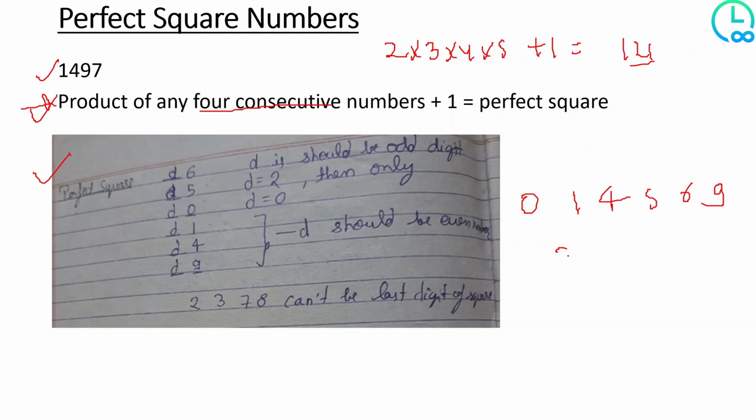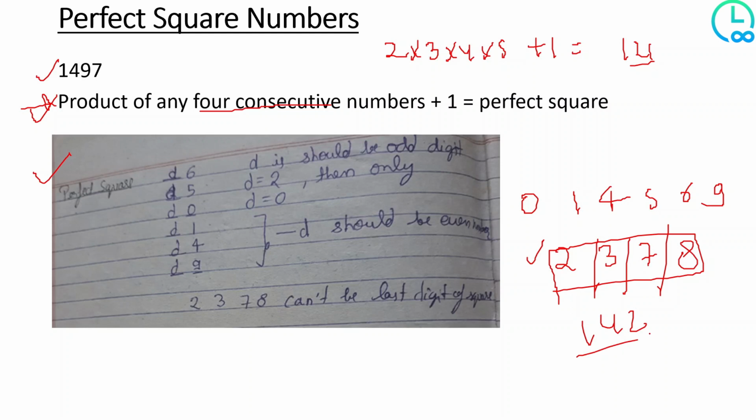Any number ending with 2, 3, 7, 8 cannot be a perfect square number. Like let's write a random number, 142. This will not be a perfect square number because it is ending with 2. Numbers ending with 0, 1, 4, 5, 6, 9 may or may not be a perfect square number.